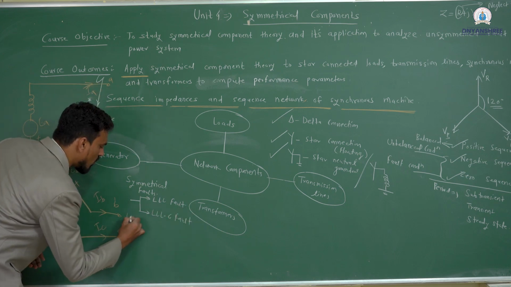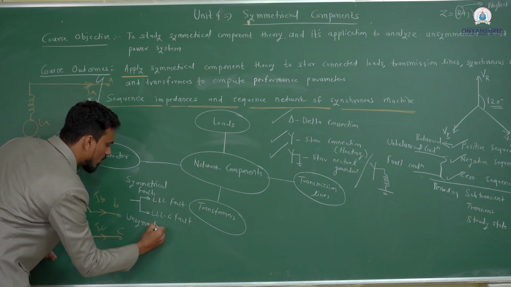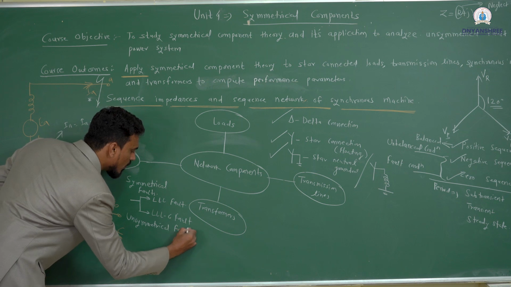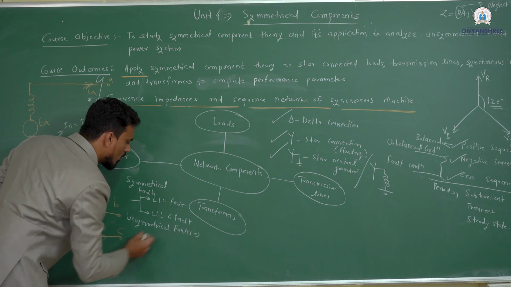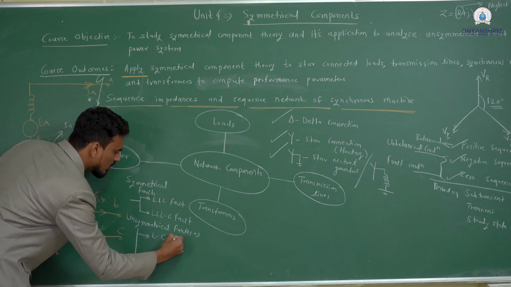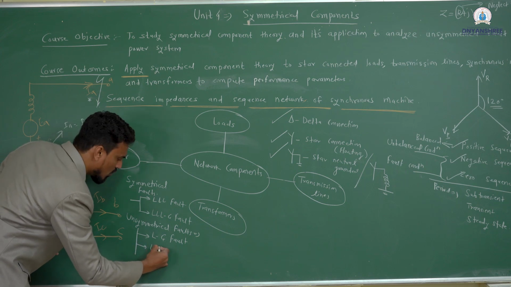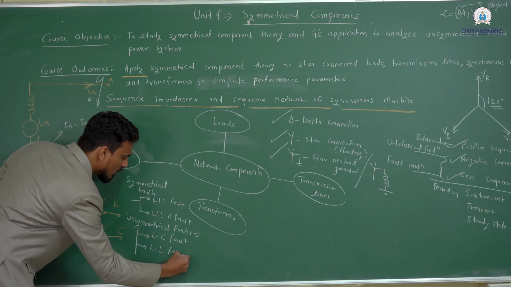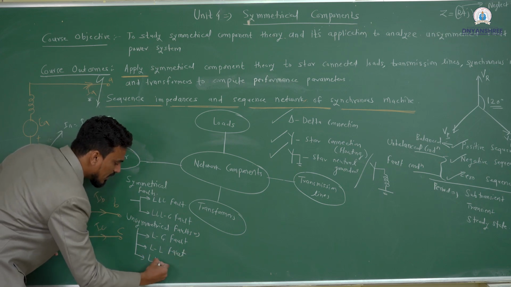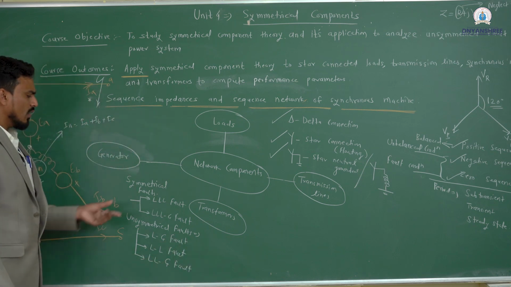In unsymmetrical fault, there are several categories: line to ground fault, then line to line fault, and the third one is double line to ground fault.